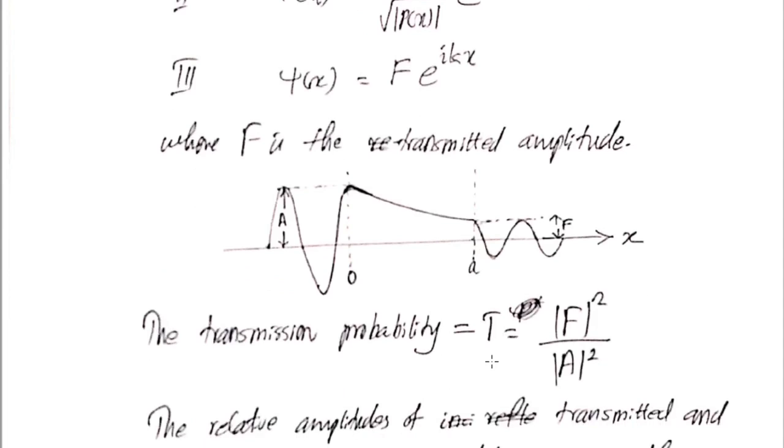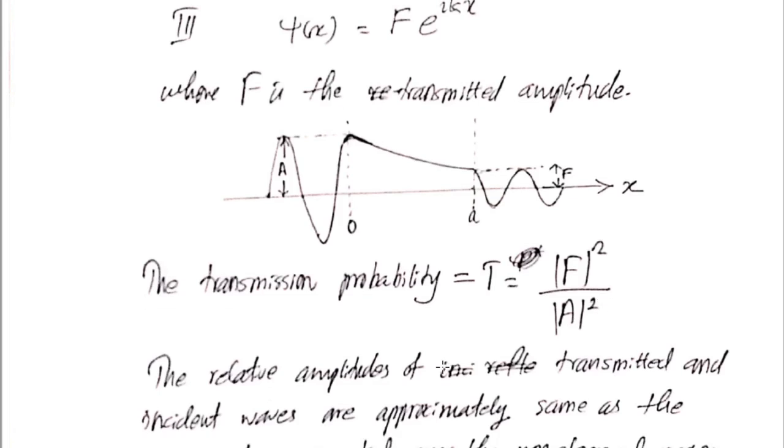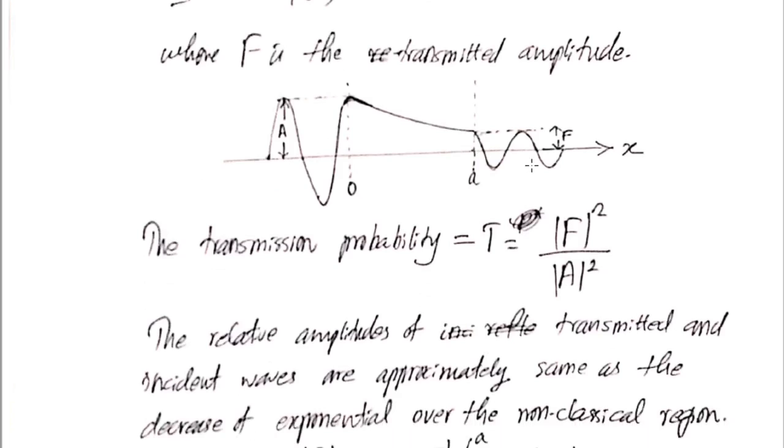Now the transmission probability is the square of the amplitude of the transmitted wave divided by the square of the amplitude of the incident wave. The relative amplitudes of the transmitted and incident waves are approximately given by f by a, where f is approximately equal to the value of the wave function at x equal to a, and a is approximately equal to the value of the wave function at x equal to 0.